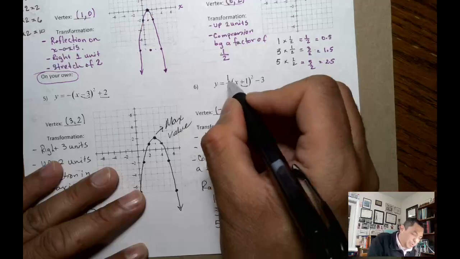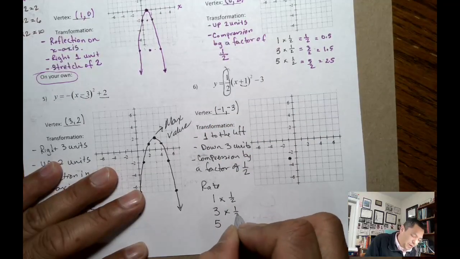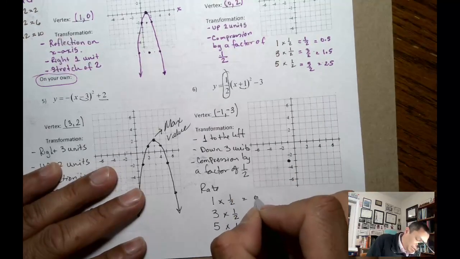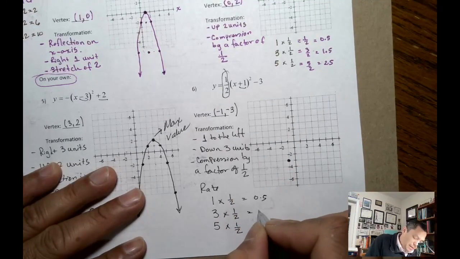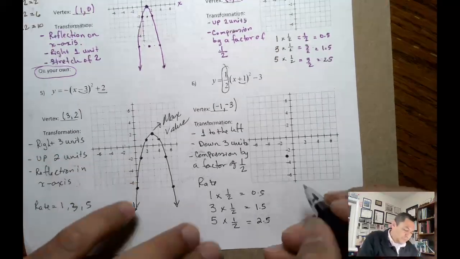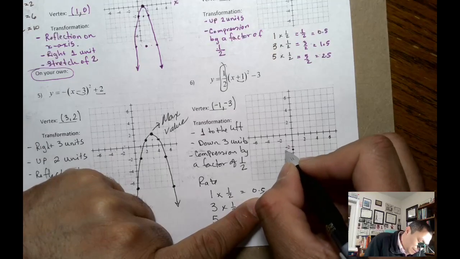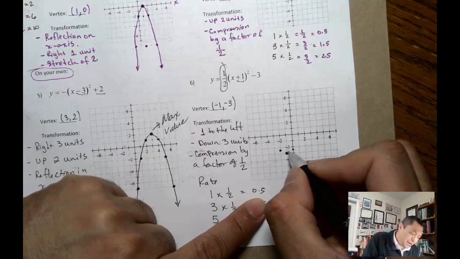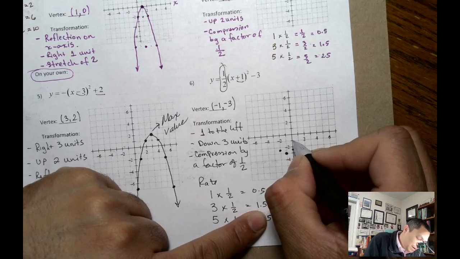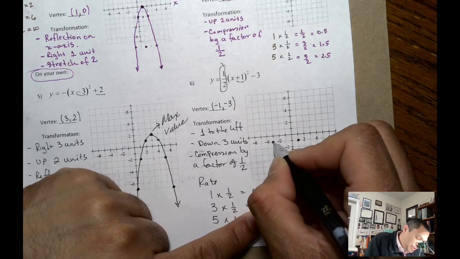These ones we're going to multiply by 1/2, so it's 0.5, 1.5, and 2.5. So I go up 0.5 units, right 1, left 1. Then I go 1.5, so 2 units right, then 2 units left.